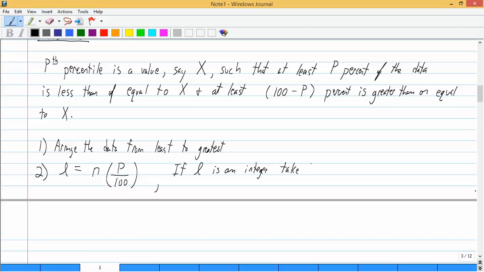So take the average of the data item in the L location and the next data item.